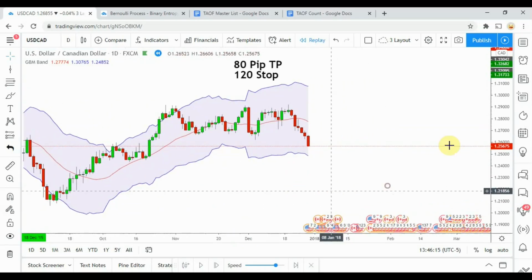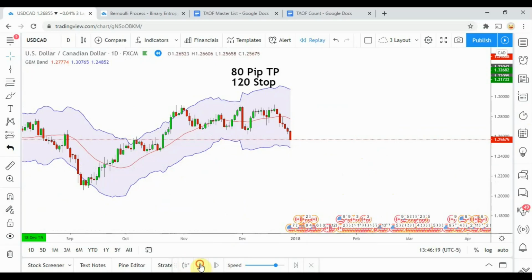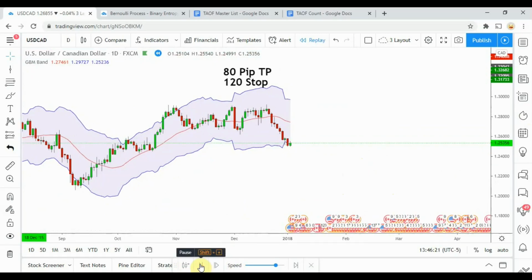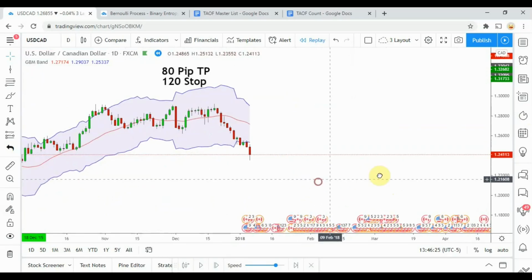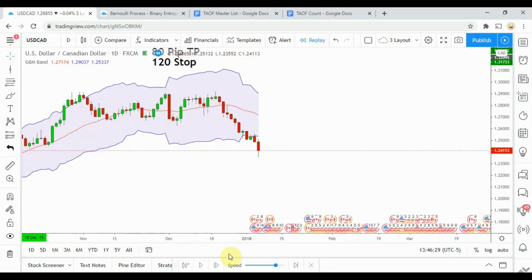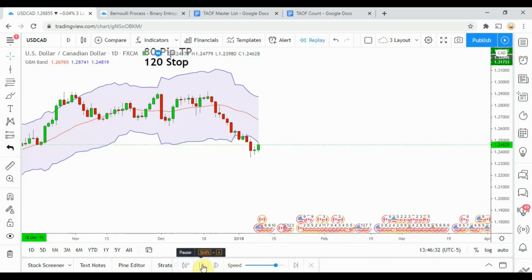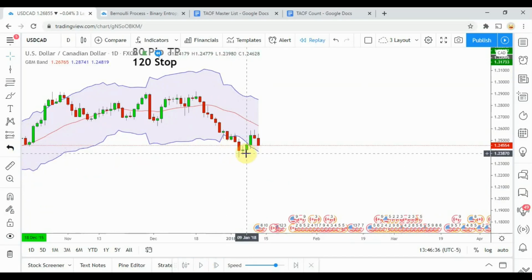All right, now we have again talked, and we have not started testing. So now we're riding the lower band. Let's go ahead and get into testing of this. We're riding the lower band, then we get a close above.